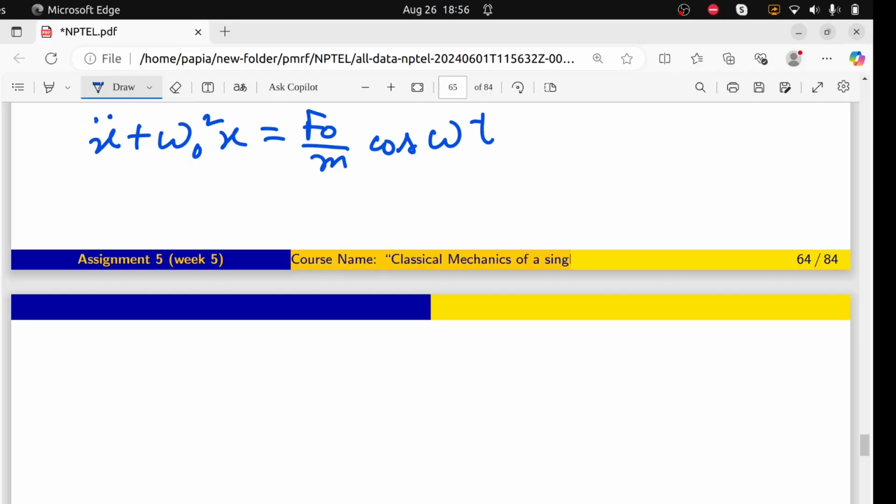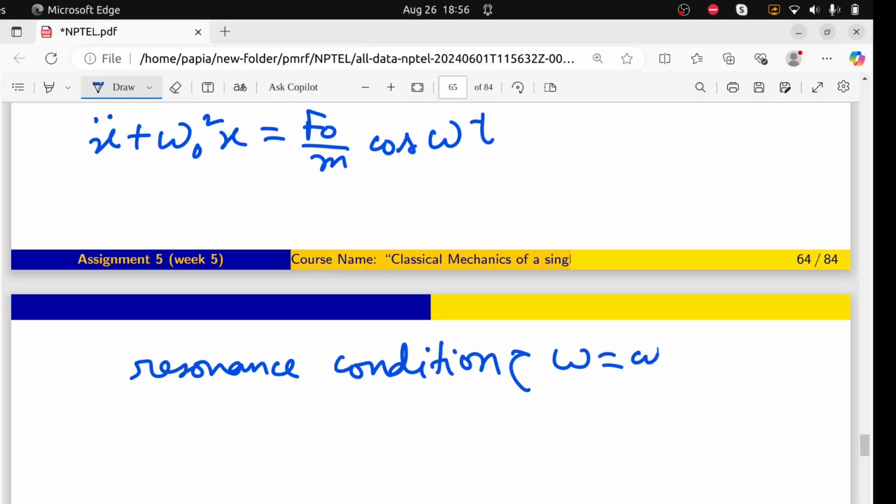Now, as we are talking about the resonance condition, we can't write the trial solution of x simply like A cos omega t, or alpha t plus beta or something like that, because we have seen that for omega equals omega 0 it will blow up.